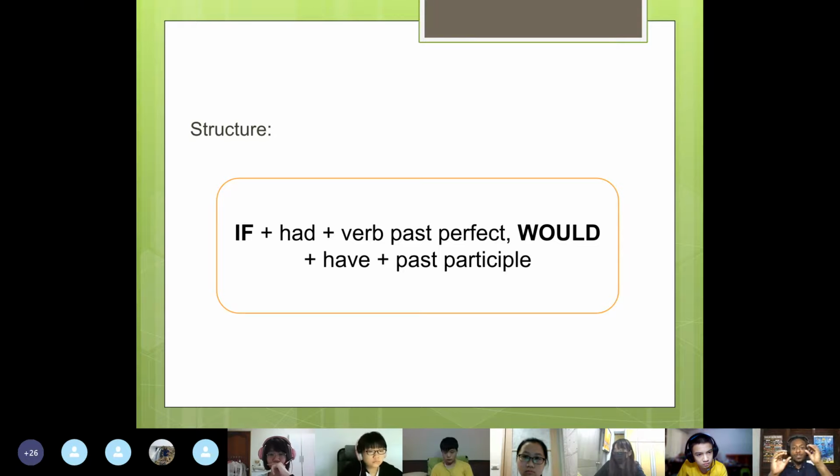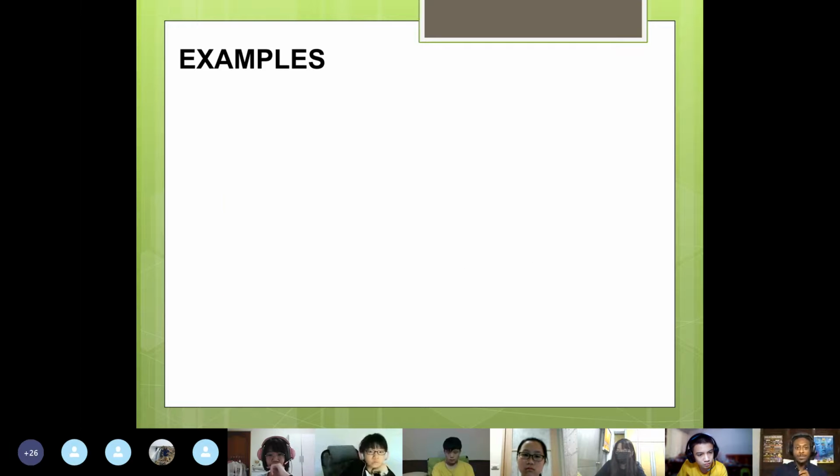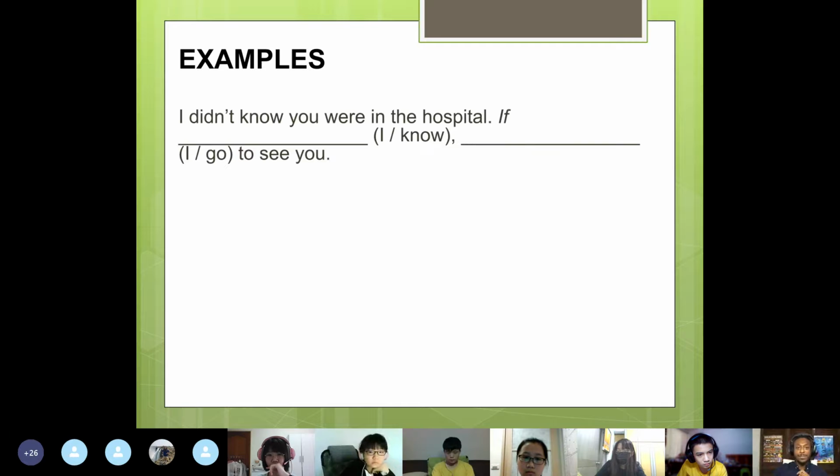So we're going to use have and had on those. So if she had, she would have. So those are the important parts of building a third conditional sentence. So let's look at some examples.